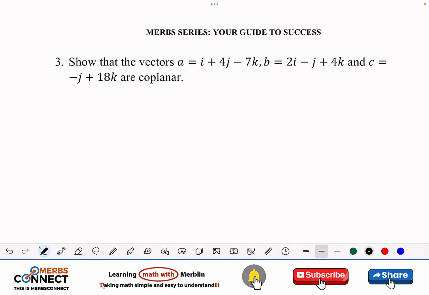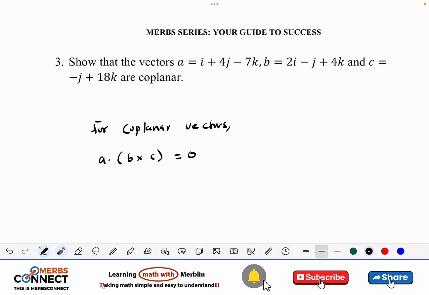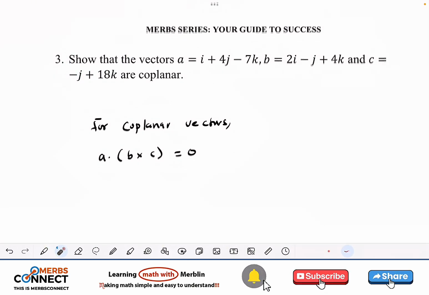So it means that for coplanar vectors, we have A dot B cross C should be equal to 0. So that's basically what we just need to do here. If indeed they are coplanar, then it should be equal to 0, as it says that we should show. So basically that's what we want to do.